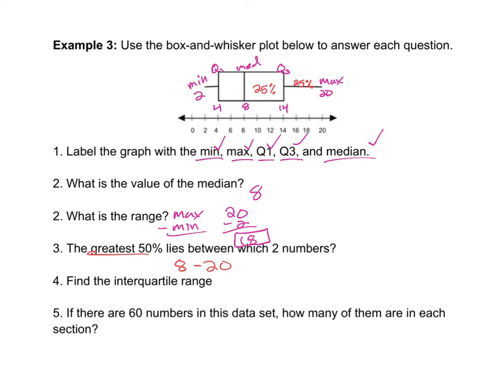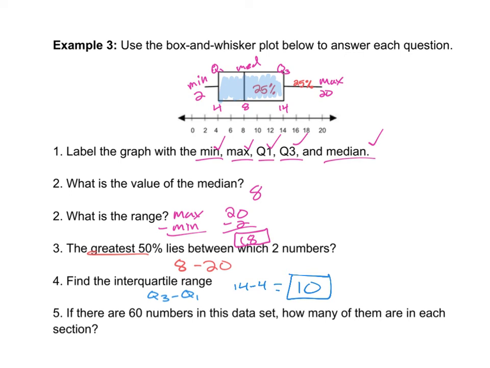The interquartile range, this was Q3 minus Q1, because what that's trying to find is that middle, pretty much your box area. So if we do Q3 minus Q1, that looks like 14 minus 4. So that's going to be an interquartile range of 10.